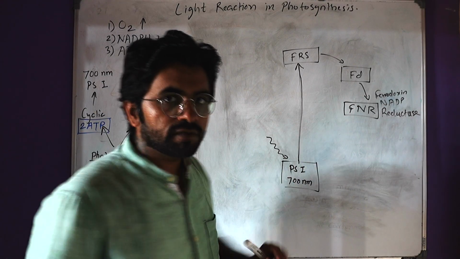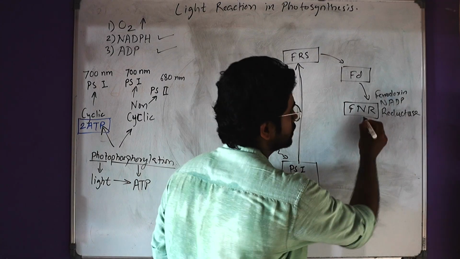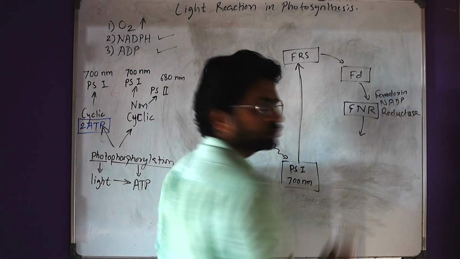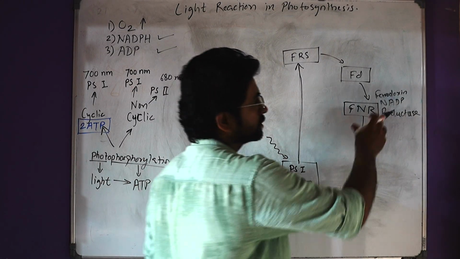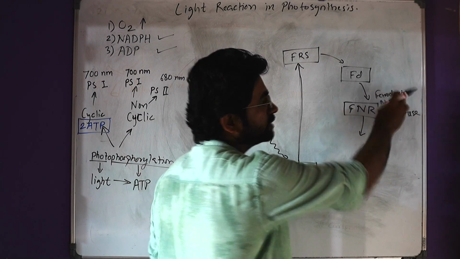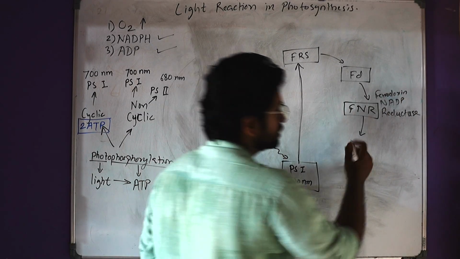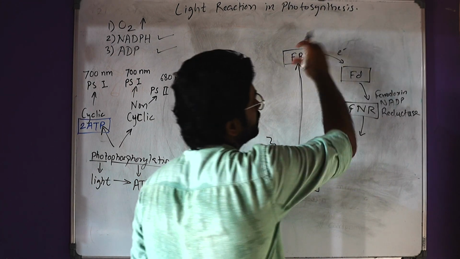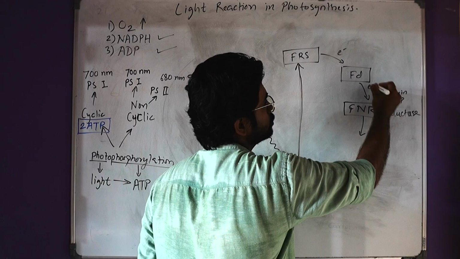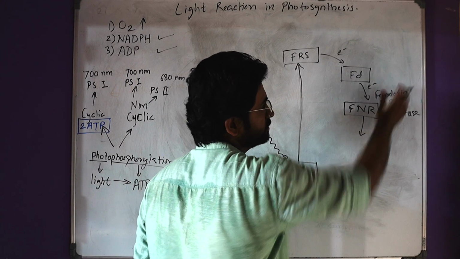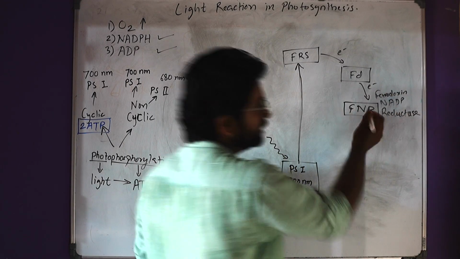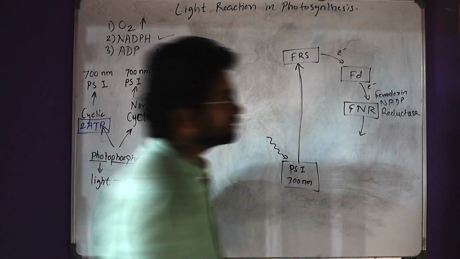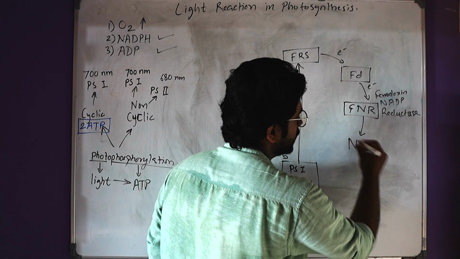We will see when they will come, but as the name suggests, reductase, so it will reduce the ferredoxine, it will reduce NADP. So when it receives the electron, FRS gives the electron to ferredoxine, ferredoxine gives the electron to FNR, that is ferredoxine NADP reductase, and this enzyme will send the electron to NADP.